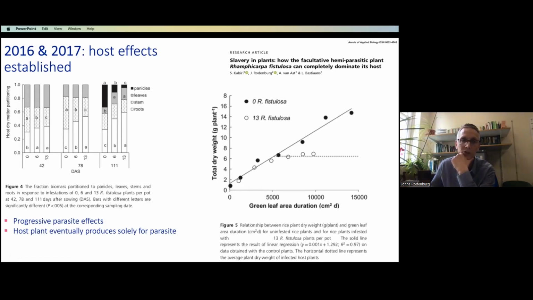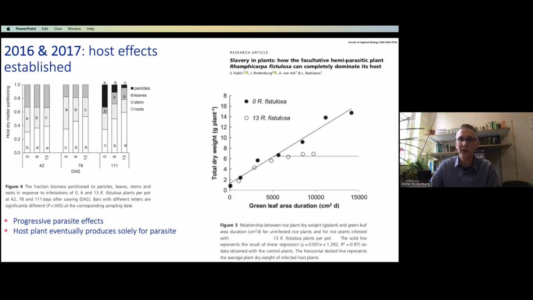So this means that eventually the host plant, while still having green leaves, does not benefit in terms of total dry weight production. In fact, the host plant is producing assimilates solely for the parasite.